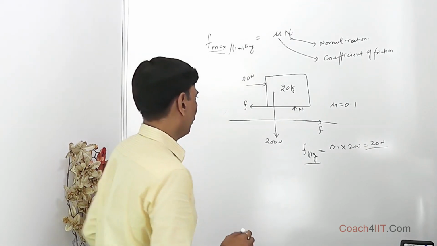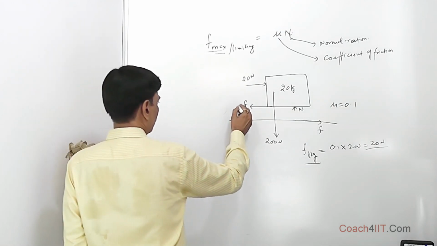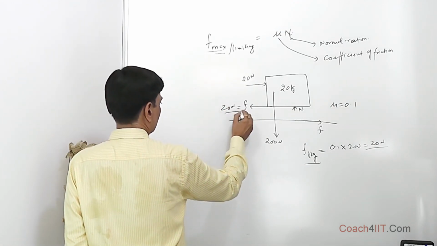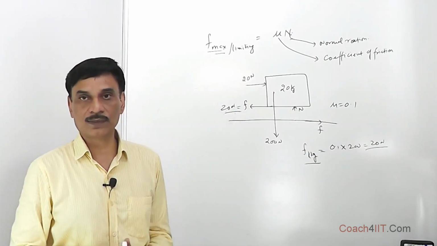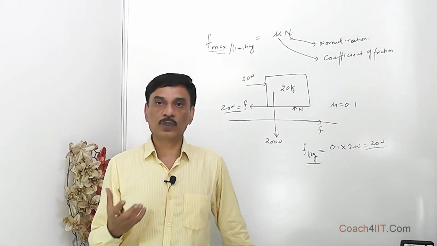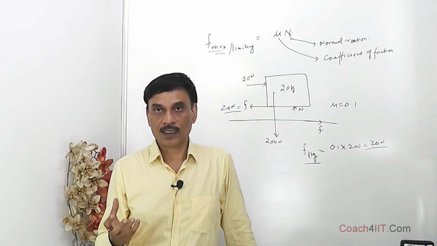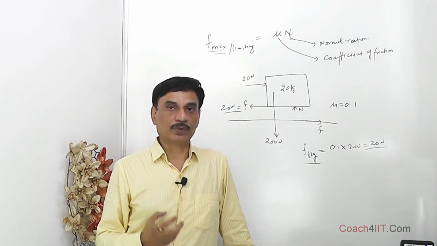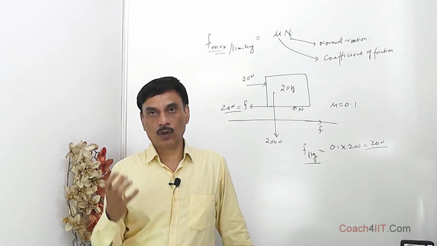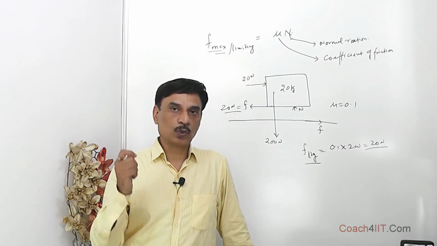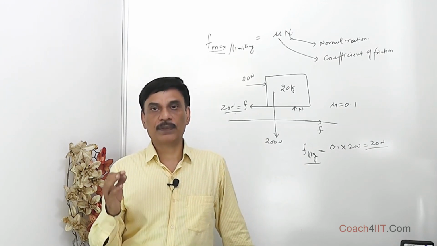Why? When we say the value is 20 Newton, suppose it has reached 20 Newton, there has to be some machine, some instrument to measure that force. And in all the measurements, in all the instruments, there is always some error. They cannot be 100% accurate.